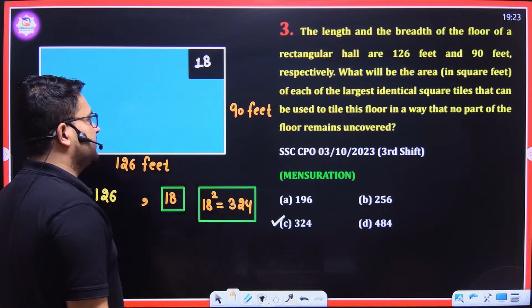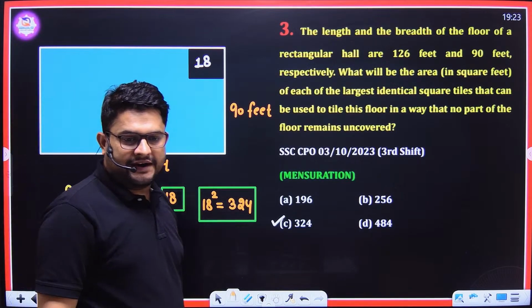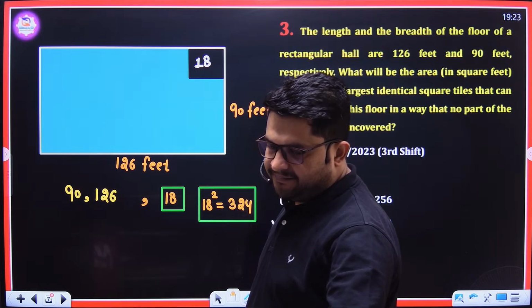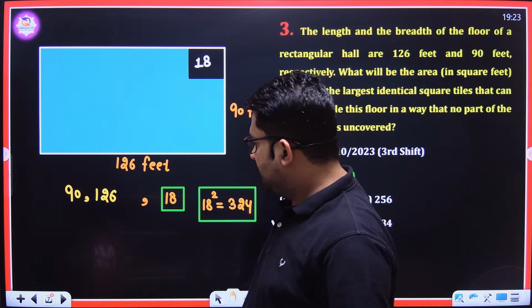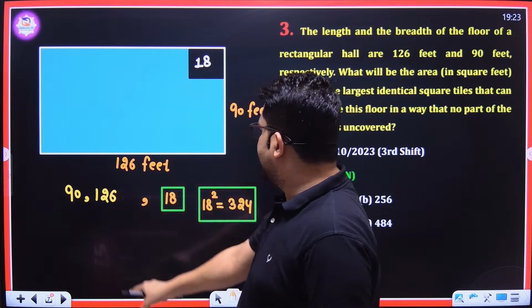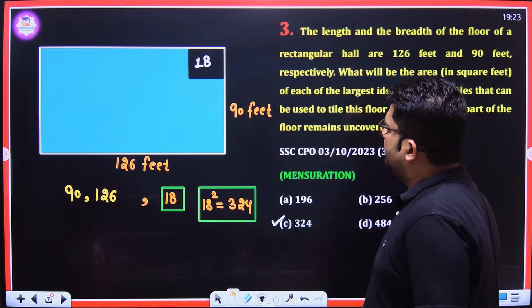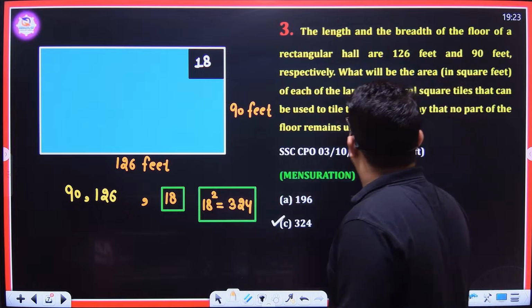So if someone asks you how many tiles will be required, then you can give your answer by dividing 90 and 126 by 18, because the area of all these tiles will be equal to the area of this rectangular floor.